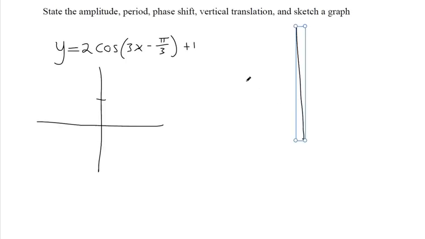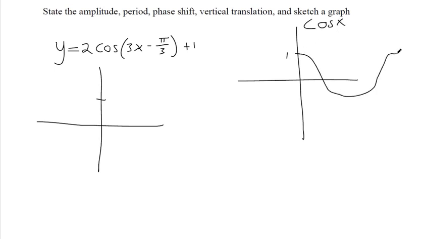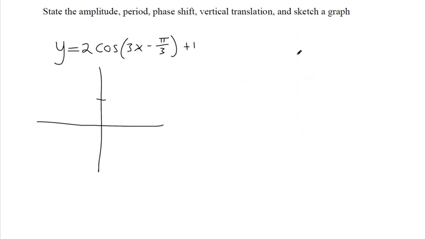This graph is cosine. Cosine is a sinusoidal wave. It looks just like sine, except it starts at the top of the amplitude. So the graph of cosine of x without any other numbers looks like that. At x equals 0, it starts at the top. So our graph over here has undergone some shifting. There's a plus 1 shift, so instead of starting at 1, we want to move up 1 unit.